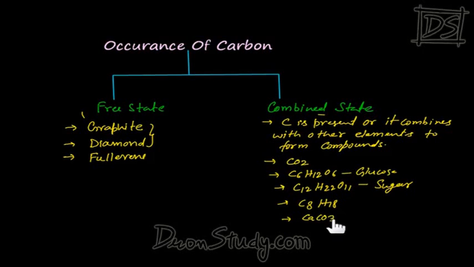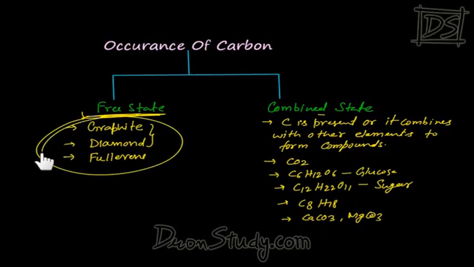Carbonates, calcium carbonate, magnesium carbonate. So carbon gets combined with a lot of elements and in the form of different compounds it may exist in nature. Okay. So basically carbon exists in two forms. One is free state, which is made up of only which thing? Carbon. Second one is combined state, where carbon gets combined with other elements and makes different compounds.